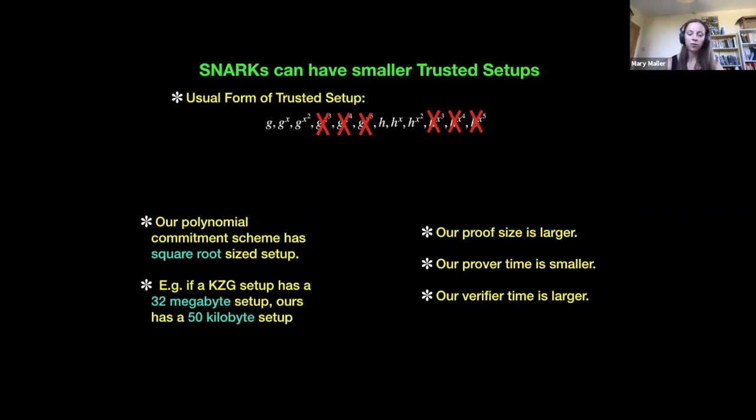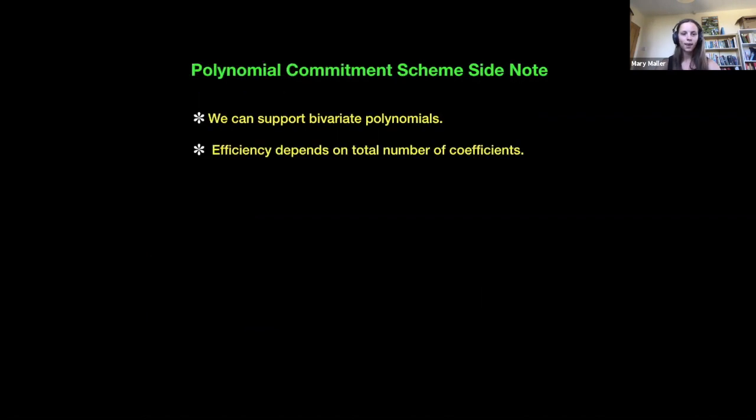But our verifier time is going to be larger, and it's also going to be working over target group elements, which is going to add something, not an unreasonable amount, but certainly if you compare it to verifying a Groth16 snark, we're not going to come across too well. We can also support bivariate polynomials, and our efficiency depends on the total number of coefficients in the situation of bivariate polynomials.